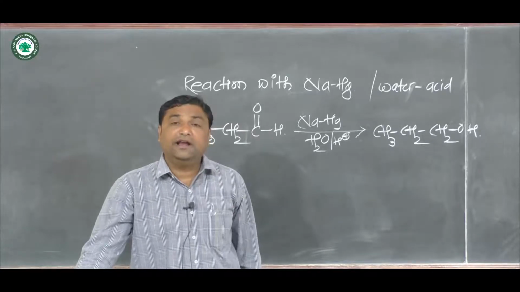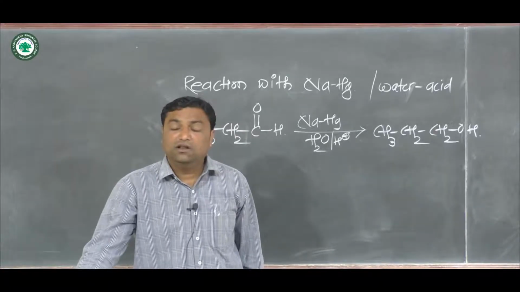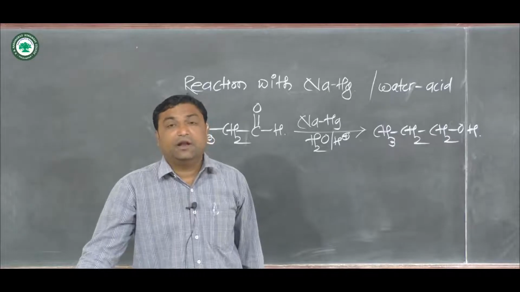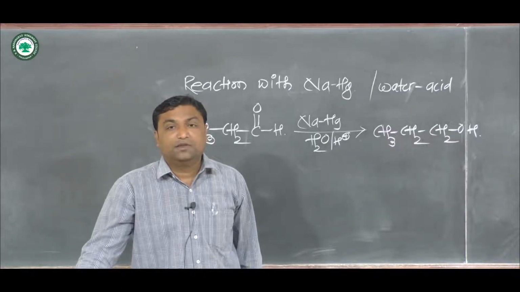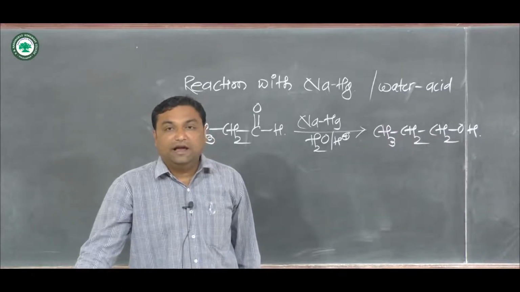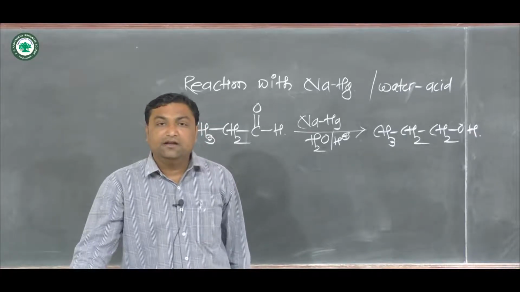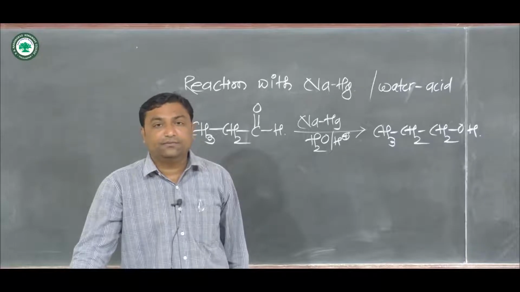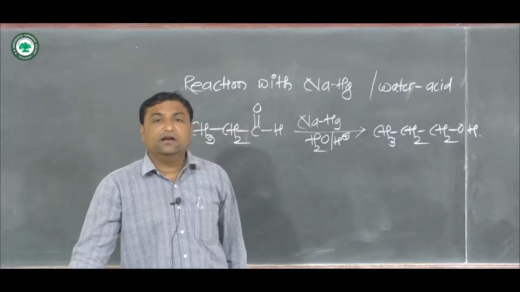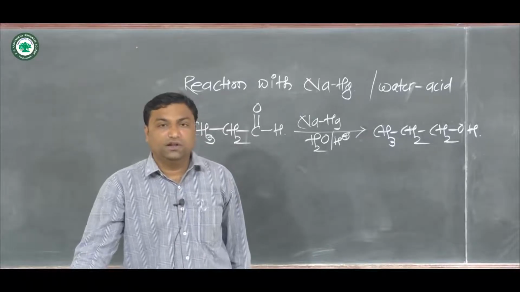That's why hydride ion from lithium aluminium hydride cannot attack the carbon-carbon double bond, and that's why lithium aluminium hydride cannot reduce carbon-carbon double bond, otherwise it will reduce almost all functional groups.